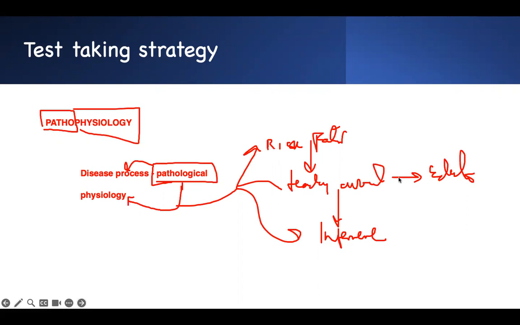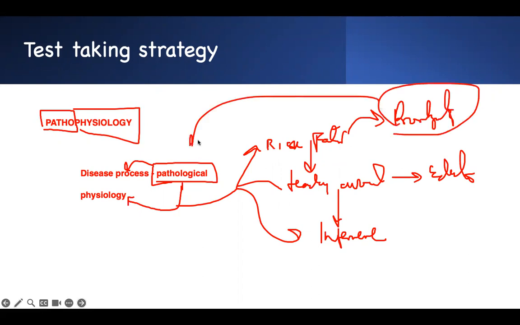And as you can see, this is what they give you: SATA and prioritization. When you know the risk factors, you can figure out the prioritization, that means the priority information for that disease process. What is in the pathological manifestation that you should pay attention to? If you see it, you know the patient has this disease.